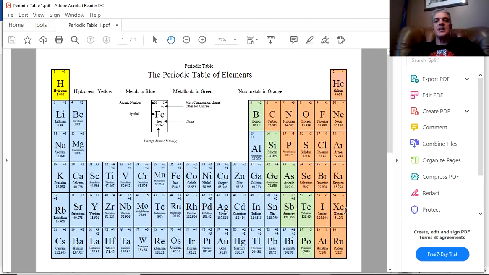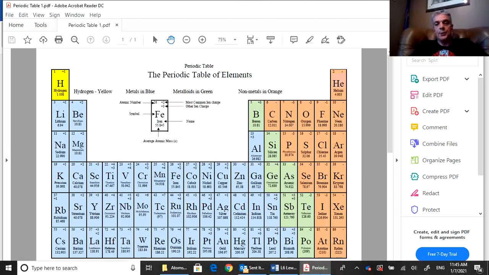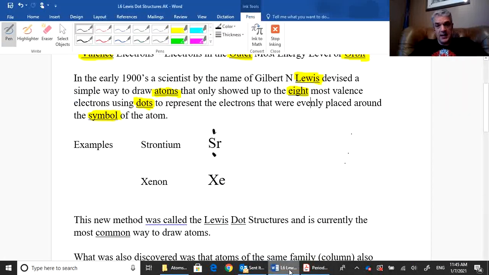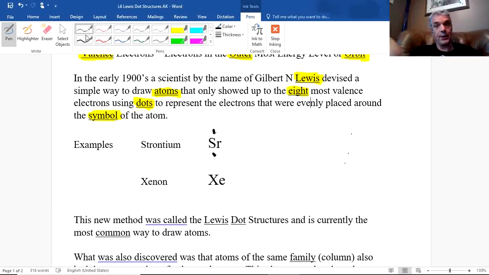That means all 8, the last 8 are completely fulfilled, okay? So what I do is I'm going to draw it with 8 electrons completely in his outer shell, or outer orbit, energy level. Notice again, I used all 3 words, shell, orbit, and energy level. They all mean the same thing, okay?